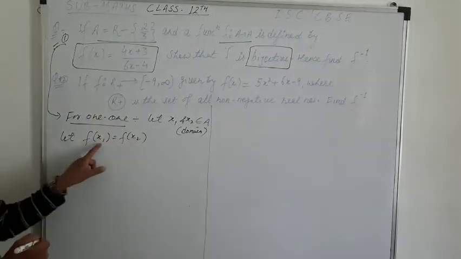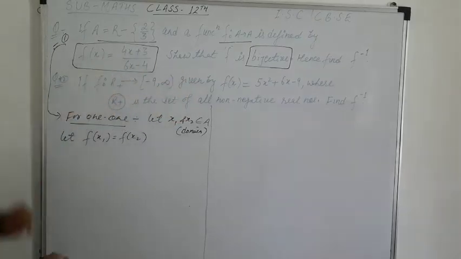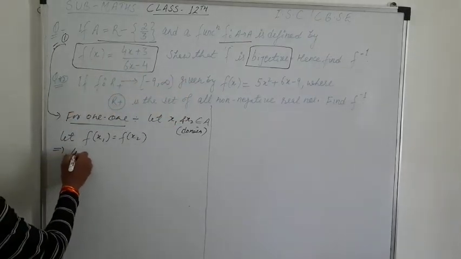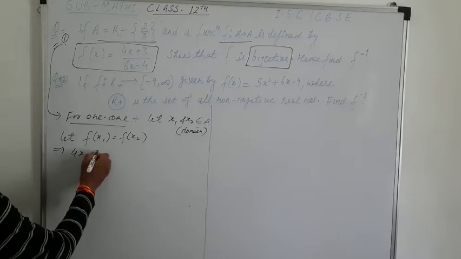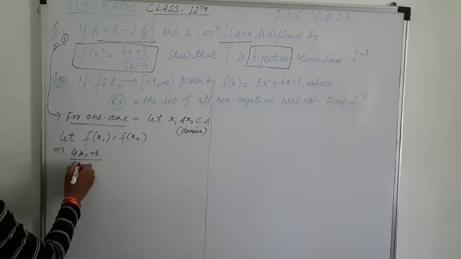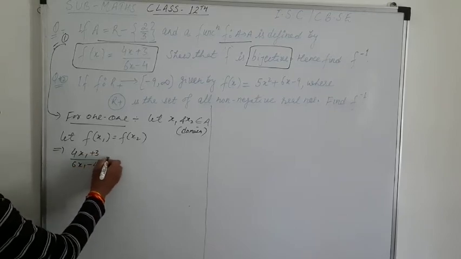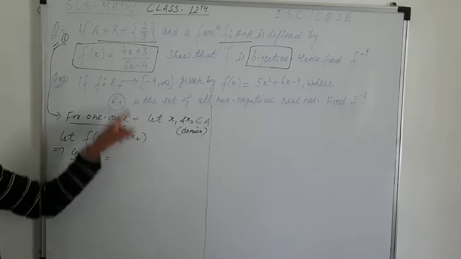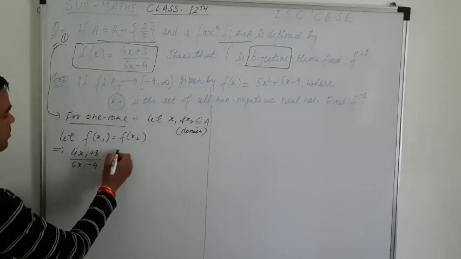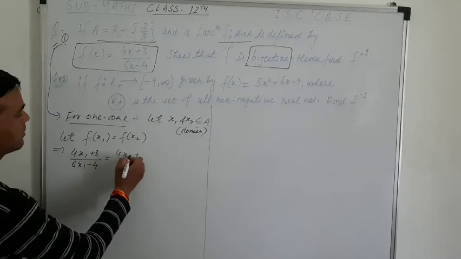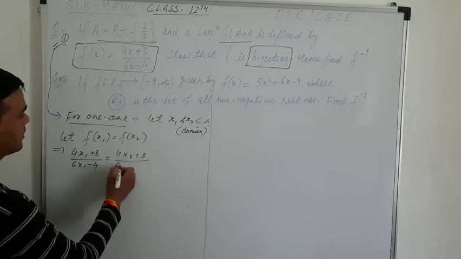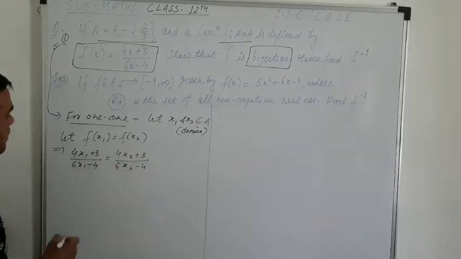Putting the value here in this function, we will get (4x1 + 3)/(6x1 - 4) is equal to, putting the value of x2 in place of x, (4x2 + 3)/(6x2 - 4).